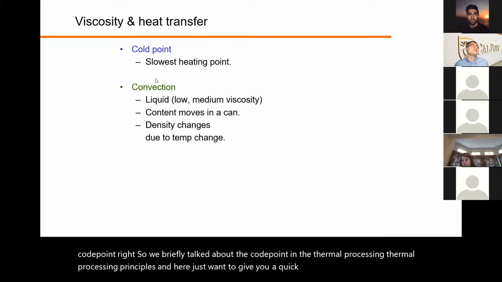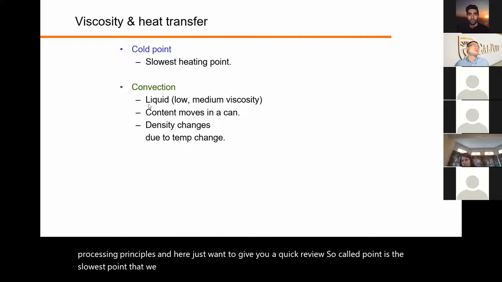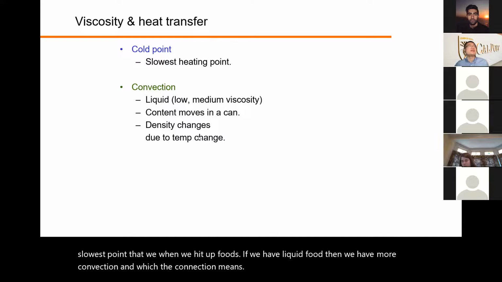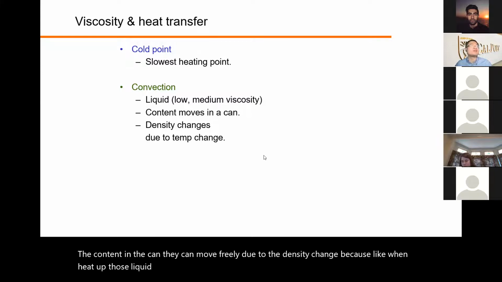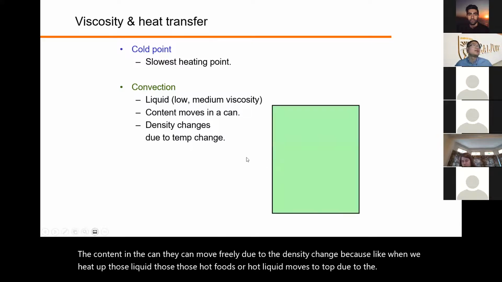So the cold point is the slowest heating point when we heat up foods. If we have liquid food, then we have more convection, okay? Convection means the content in a can can move freely due to the density change, because when we heat up those liquids, the hot liquid moves to the top due to its lower density, right?